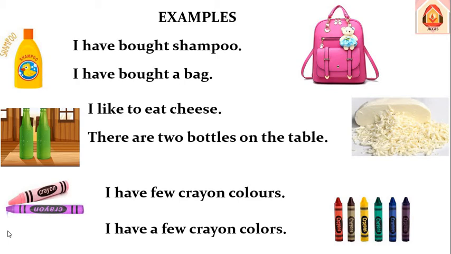But if you have 4, 5, 6 or 7 colors out of those 12 or 24, then the quantity is less but a little more. So here we will use a few. Few is used when the quantity is very less, almost nothing, and a few is used when we have a little more quantity.